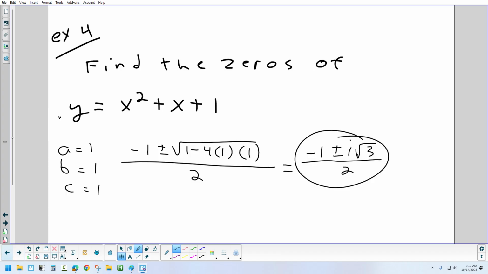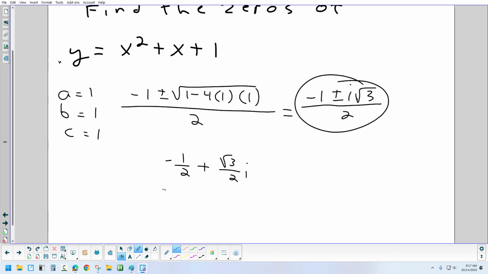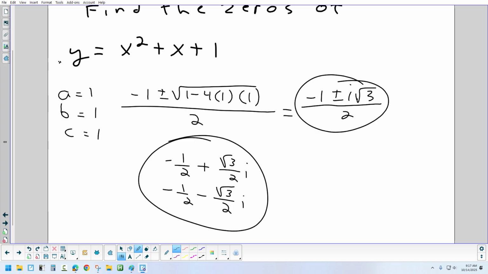So notice the two answers that we got. If I actually write these out in standard form, it's -1/2 plus root 3 over 2 i. That's the first answer. And the second answer is -1/2 minus root 3 over 2 i.